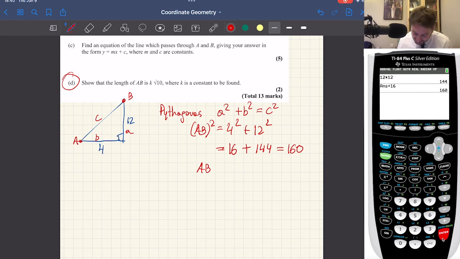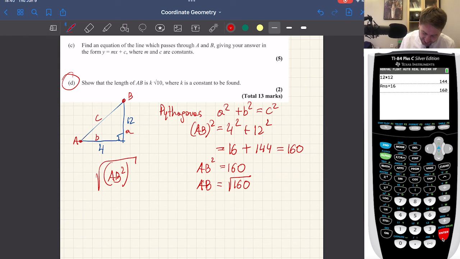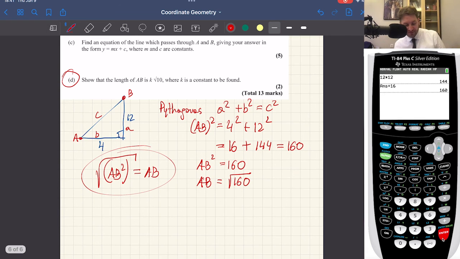So now AB squared is 160. Therefore, AB will be root of 160. We need to square root the AB squared. Remember, square root and powers simplify, because square root of a is a to the power of half, and if you put 2 in there, 2 times half is 1. Therefore, they cancel each other out.